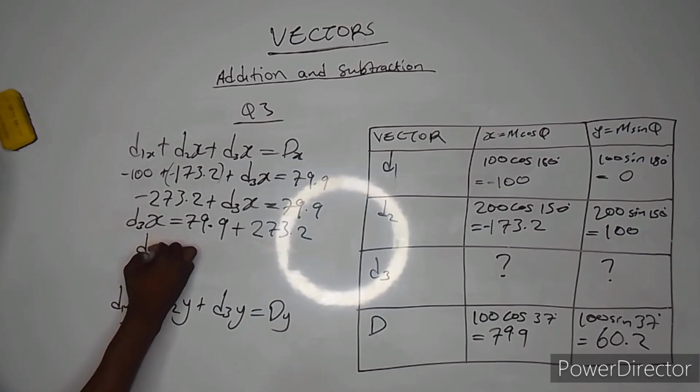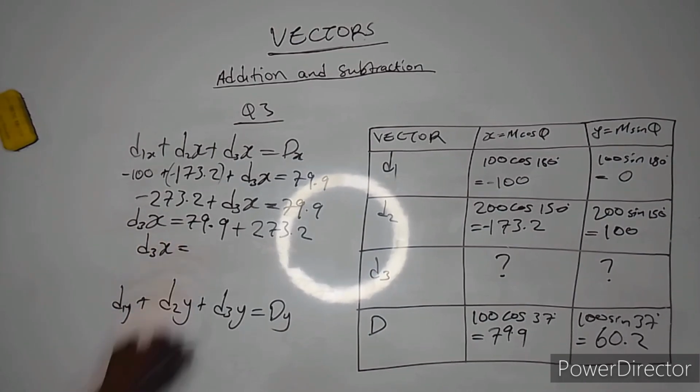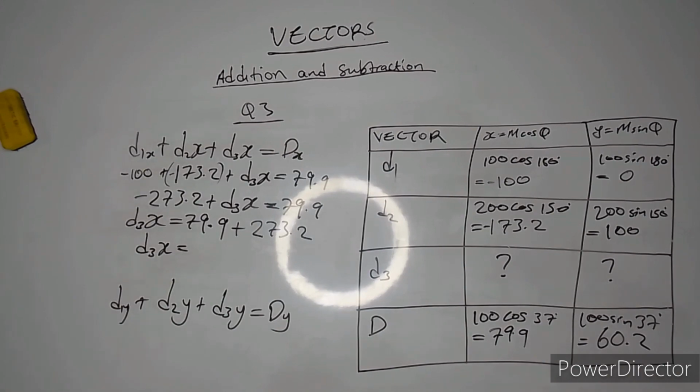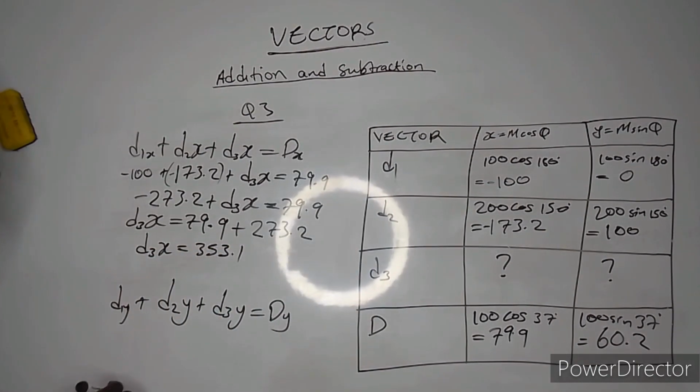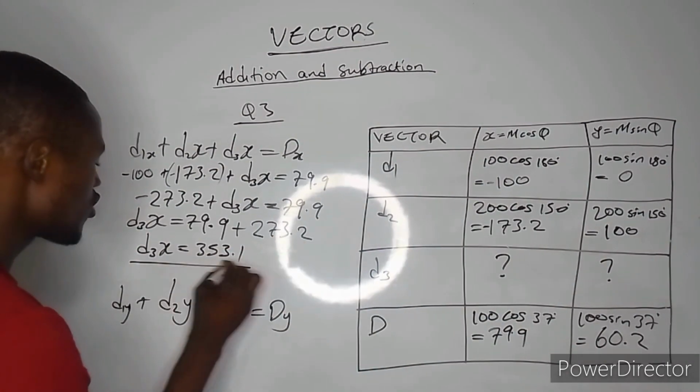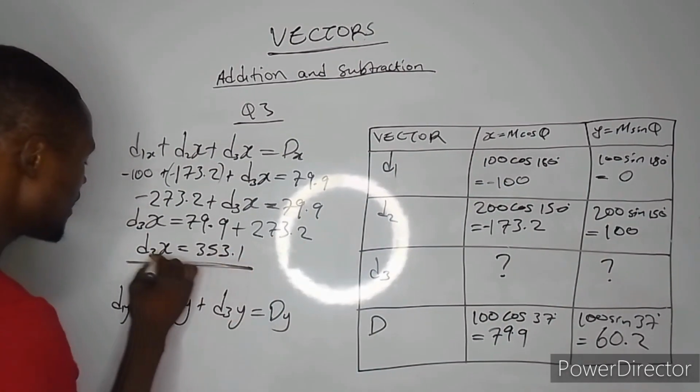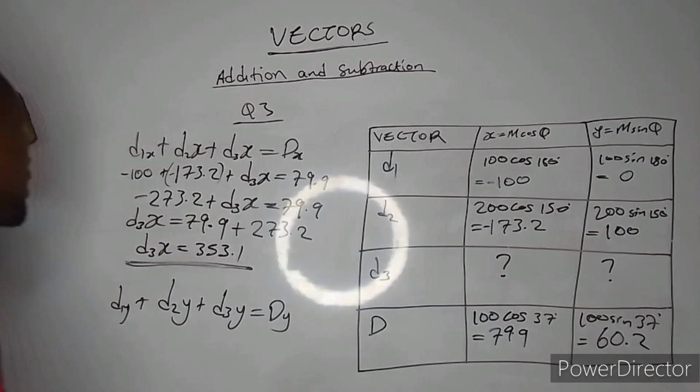So D3x will be equal to 353.1. This is the component of what? D3x, which is the component of x in D3.